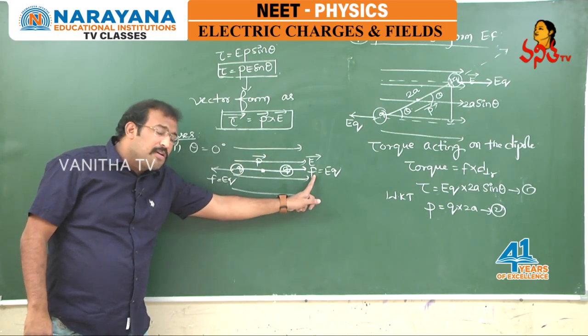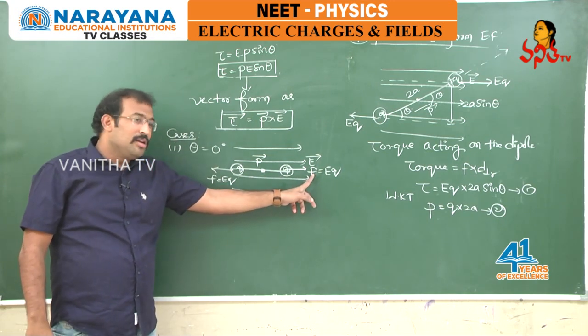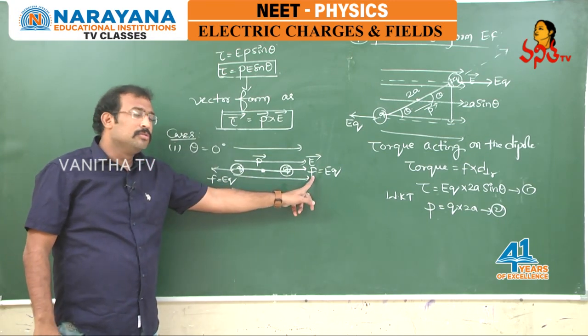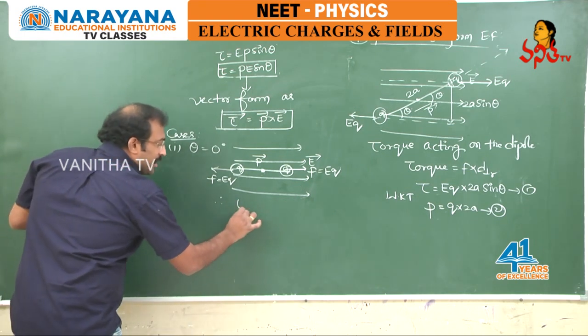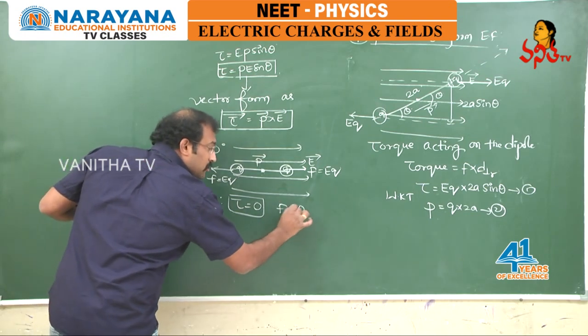When the lines of action of forces pass through the center of the dipole, they cannot produce torque. And anyway, net force is equal to 0. Therefore, tau is equal to 0 and F is also 0.